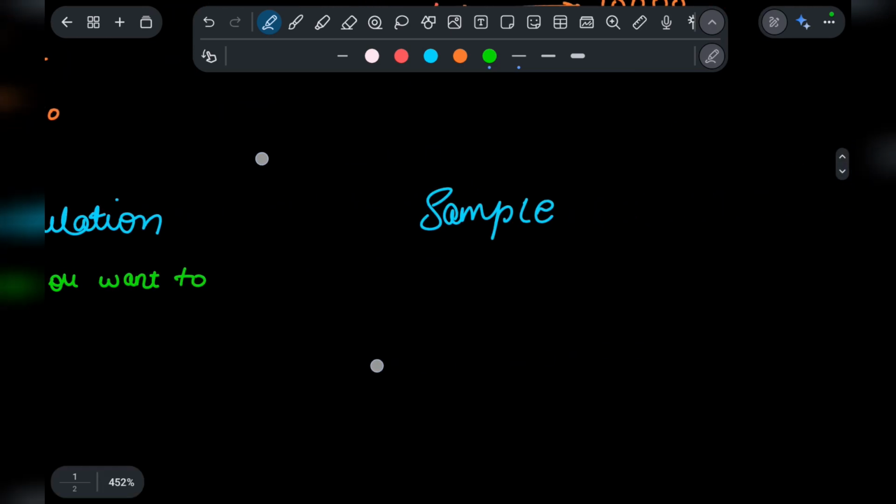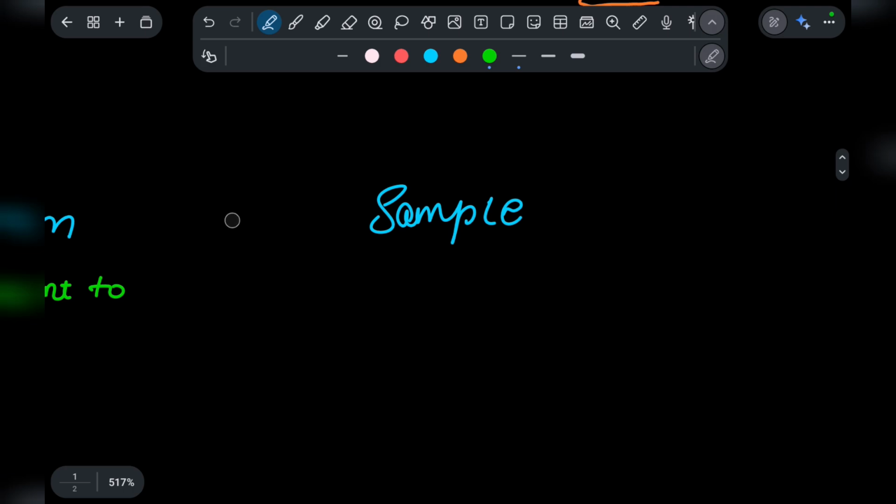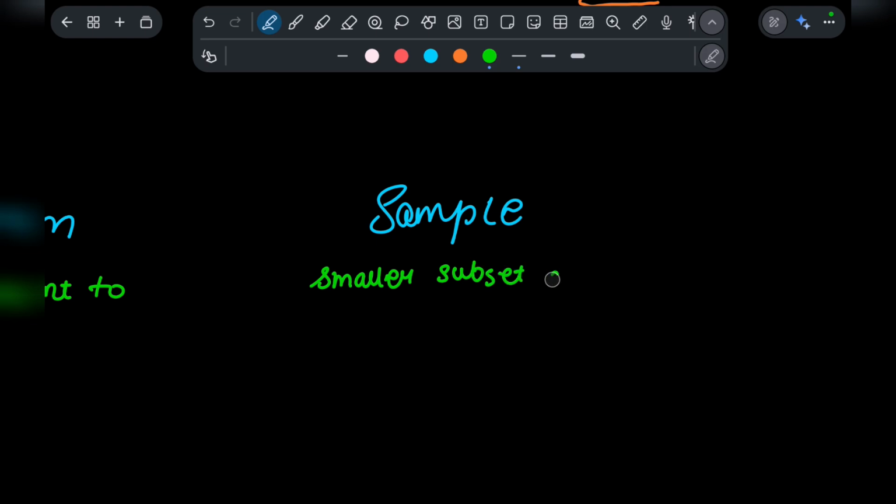Talking about the sample, a sample is a smaller subset of the population. So you randomly select 200 students from the university and measure their height, and that group of 200 is your sample.